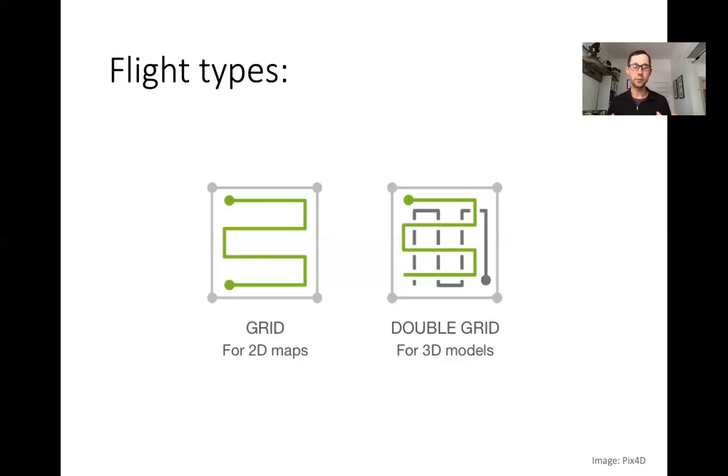A regular grid pattern works pretty well unless you've got really dense vegetation. But if you want to be able to see in between trees, for example, you really need something like a double grid. That's not the case for the site that I've got picked out for our demo flight, so we're going to plan the simplest type of flight, which is a 2D grid.